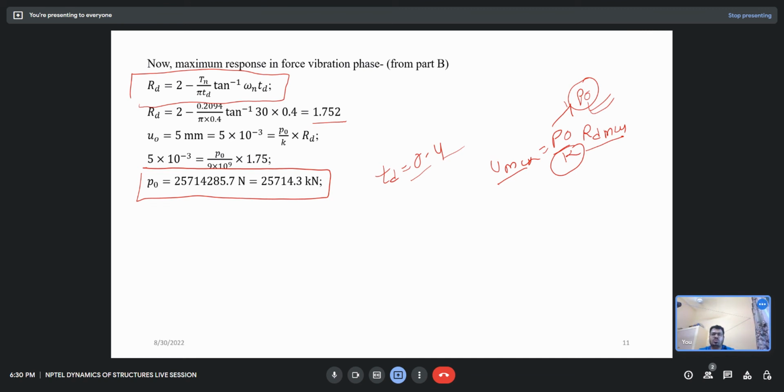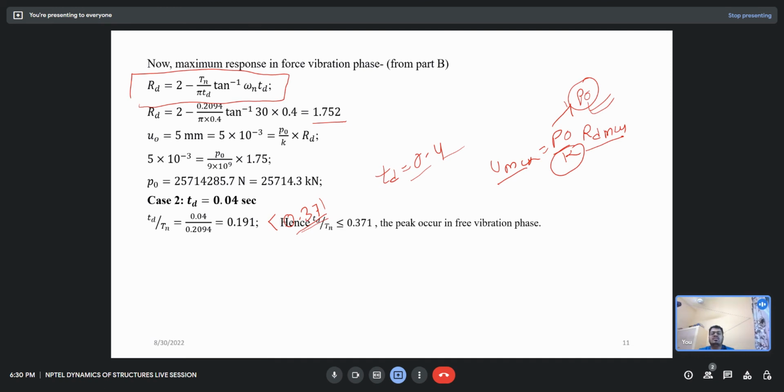Now case 2 is given as Td equal to 0.04. If my Td is 0.04, can you find what would be my Td by Tn? That would be 0.191. That is less than 0.371, which means my maximum response is governed in the free vibration phase.